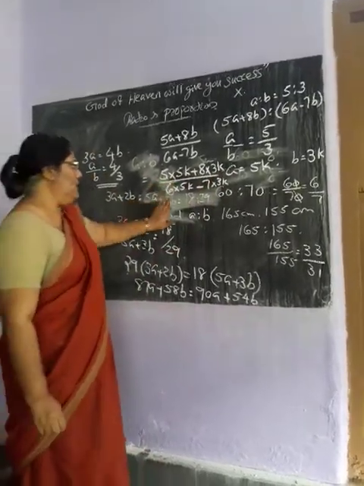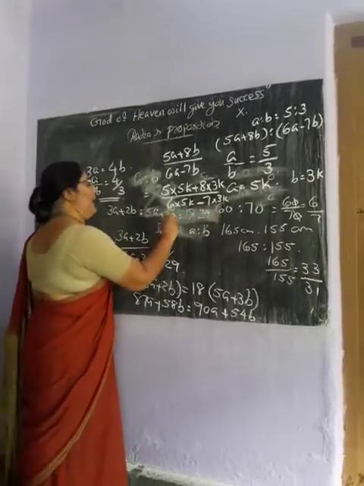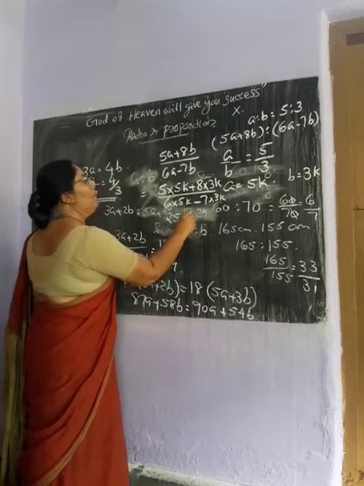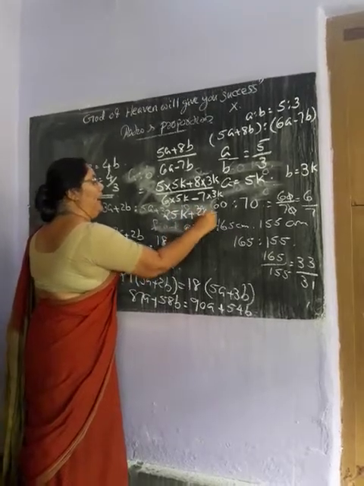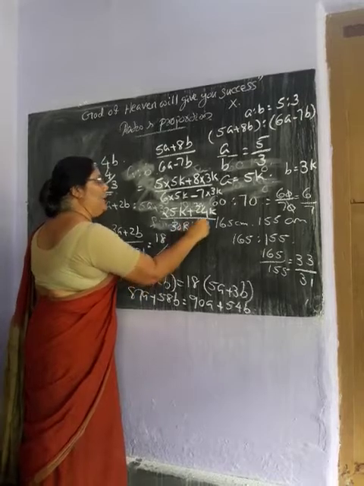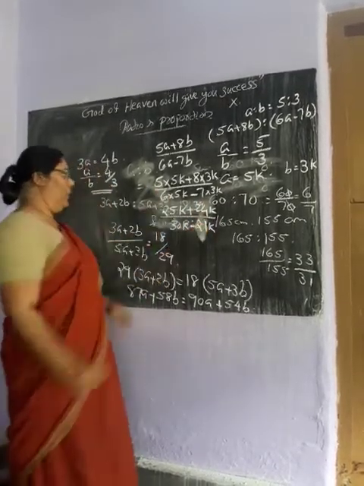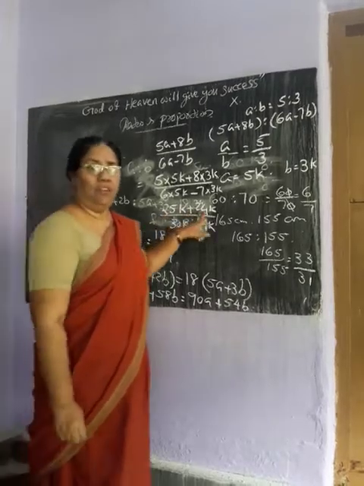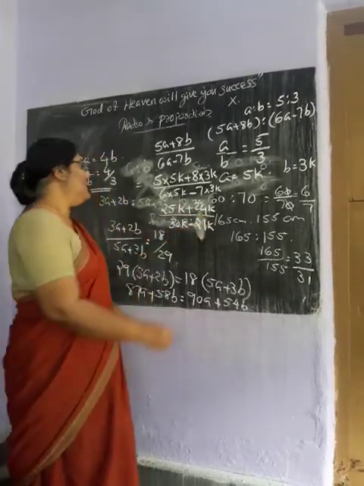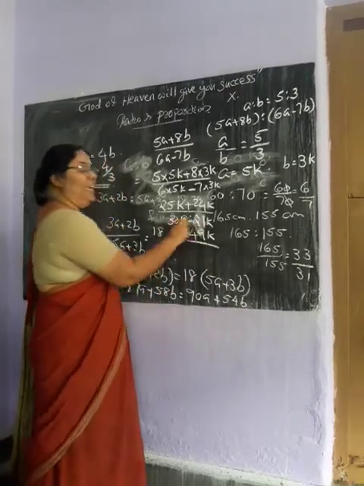What is 5 5s? 25k plus 24k by 30k minus 21k. 25 plus 24, that is 49k by 30 minus 21.